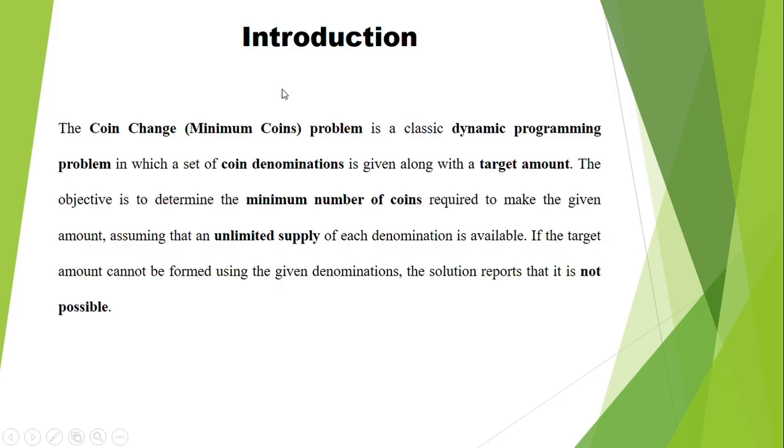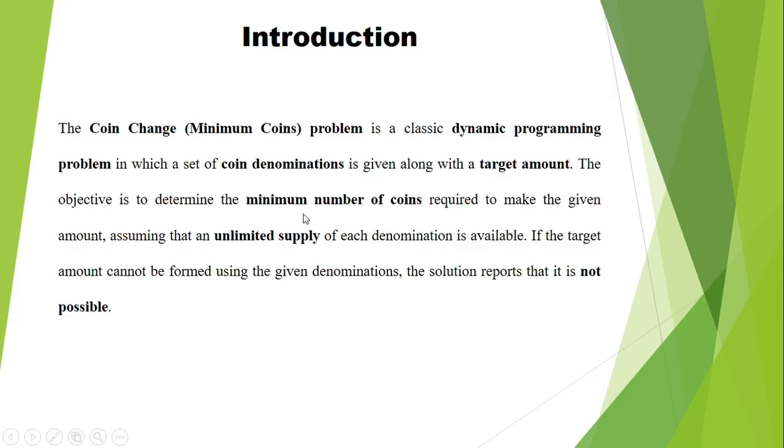If we move forward to the introduction, the coin change problem is a classic dynamic programming problem in which a set of coin denominations is given along with a target amount.